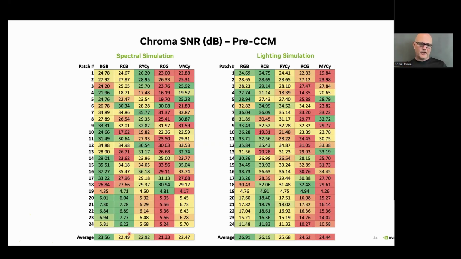switching of orders, and what I've noticed is that in the spectral simulation, the SNRs for the neutrals are very low compared to the lighting simulation.